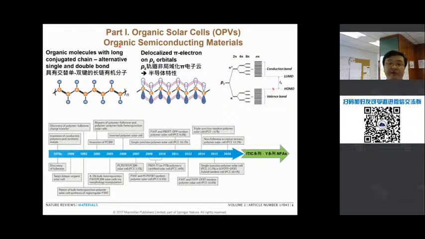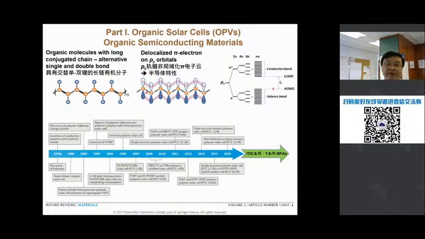Organic semiconductor materials are semiconducting in a different way from inorganic semiconductors. Organic semiconducting materials have so-called alternating single and double bonds, and these long chains of single and double bonds allow you to have delocalized pi electrons.